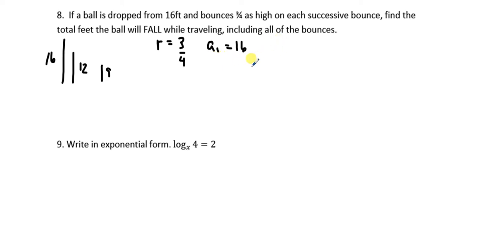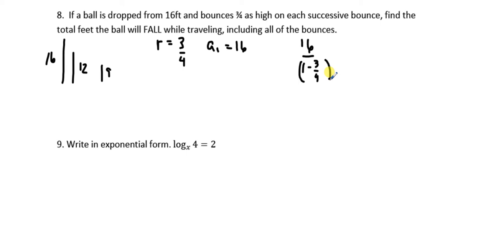And so it adds up when you add it all up, and if it keeps bouncing forever, you'd have A1 divided by 1 minus r. So 16 over 1 minus 3/4. 1 minus 3/4 is 1/4. 16 divided by 1/4 is the same thing as multiplying by 4.